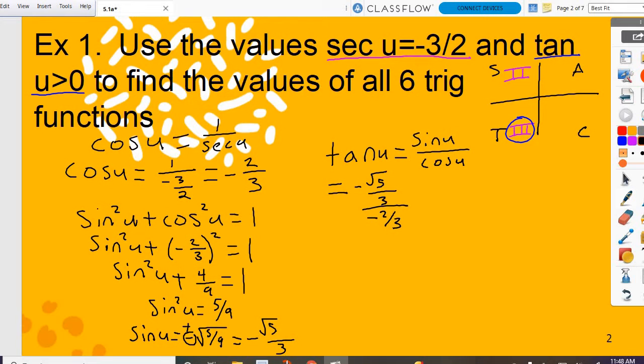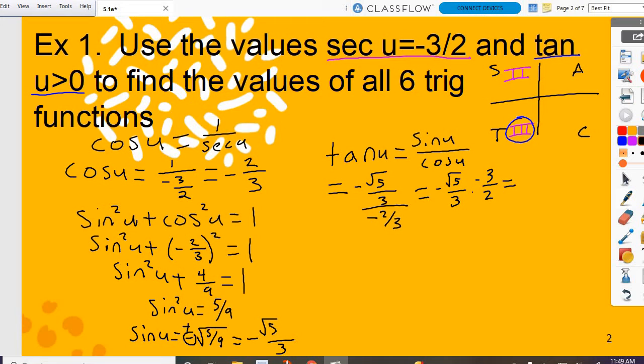How do we simplify when we have a fraction within another fraction? Keep it, change it, flip it. So this becomes negative square root of 5 over 3 times negative 3/2, which is what? 3 root 5 over 6.